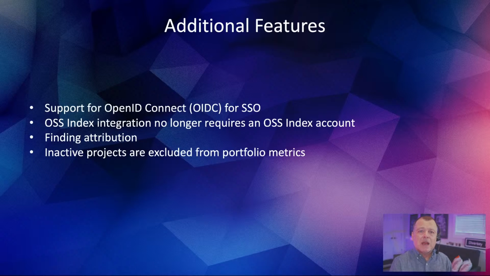If a project is inactive, meaning that it's been retired, it's no longer in operation, it's no longer supported by your organization, but you might have to keep it for historical purposes, well, now those inactive projects are excluded from your portfolio metrics. So that's another change in 4.0.